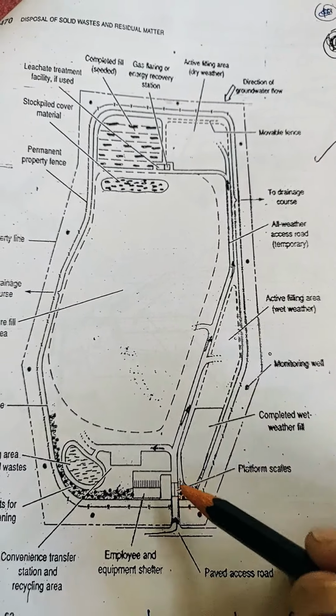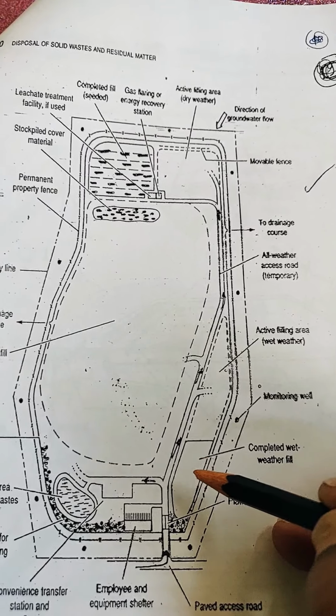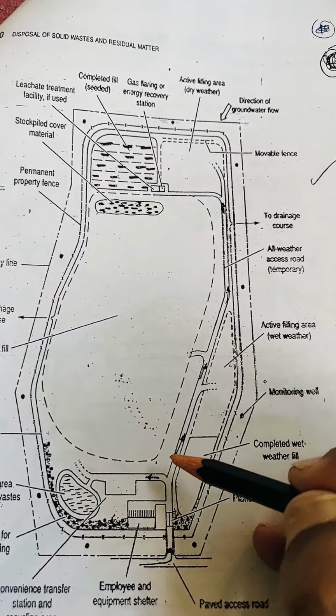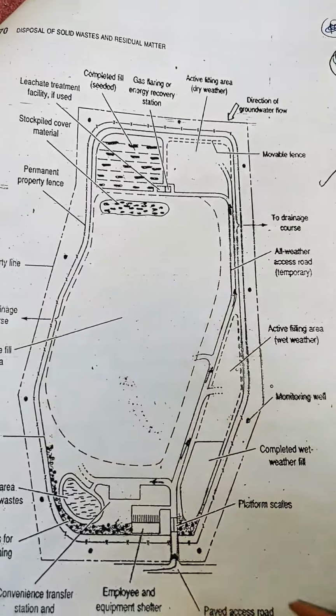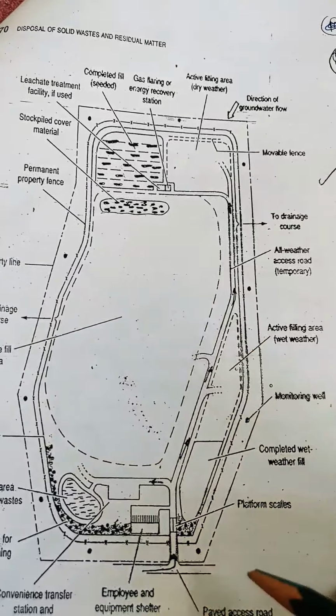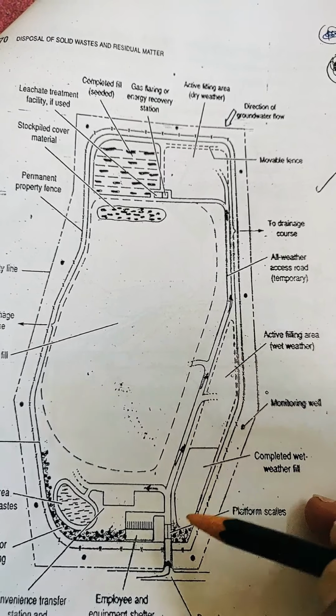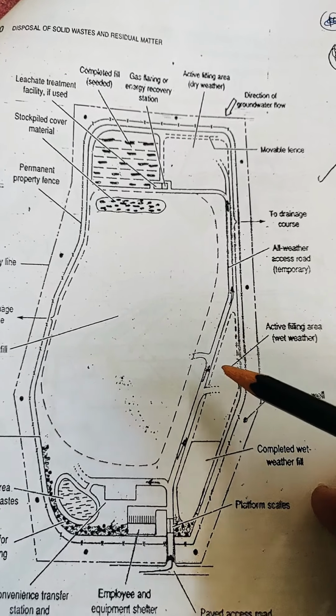So when you start inside, this is a wet weather filling area. During rainy seasons, if vehicles cannot move inside, the completed wet weather and future wet weather filling area is kept at the entrance.